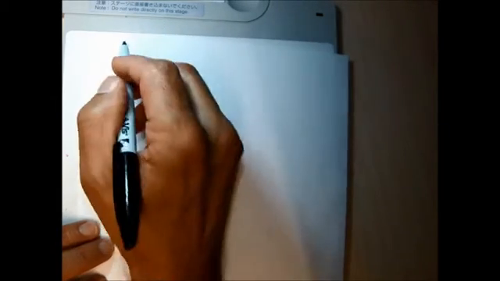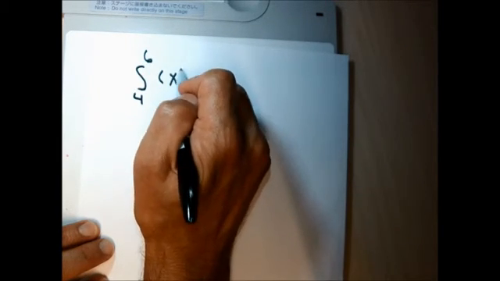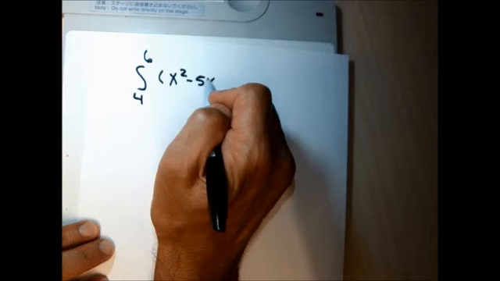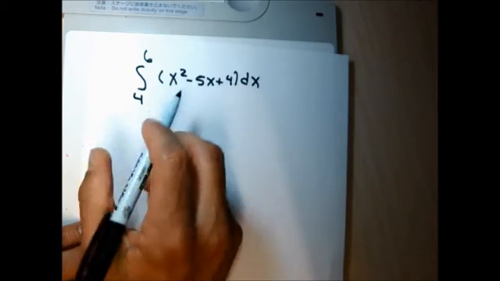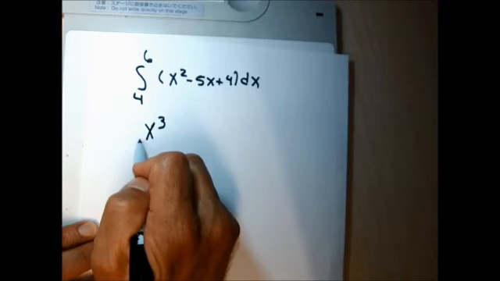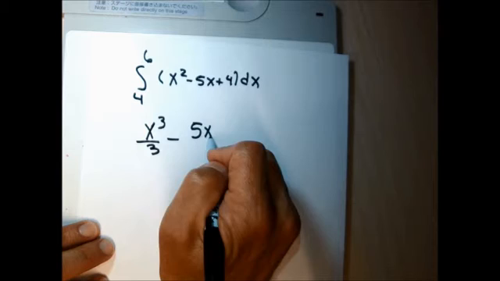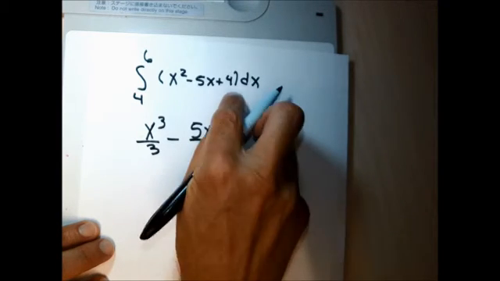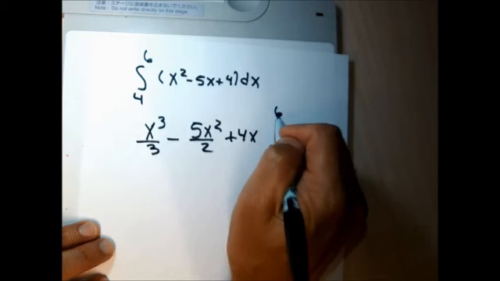So next integral that needs to be completed is the integral from 4 to 6 of x squared minus 5x plus 4 dx. This integrates to x cubed over 3. That integrates to 5x squared over 2. That integrates to 4x. I need to evaluate from 4 to 6.